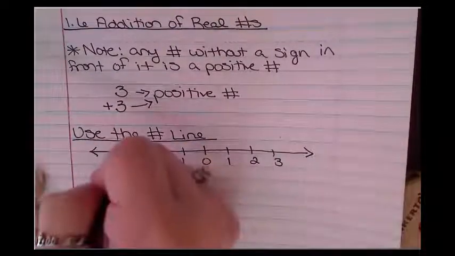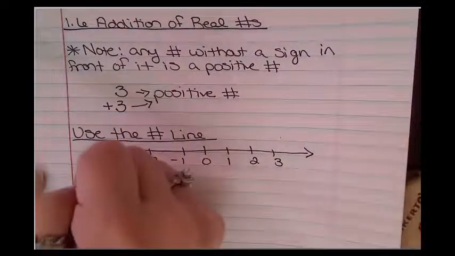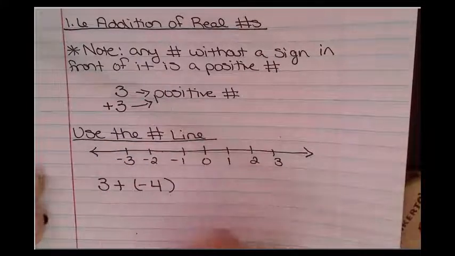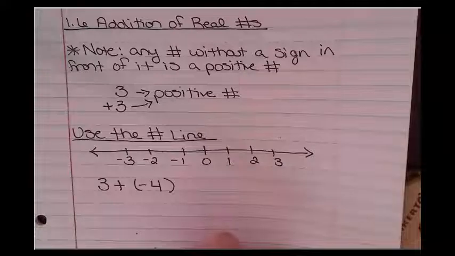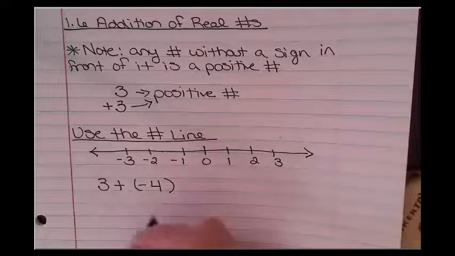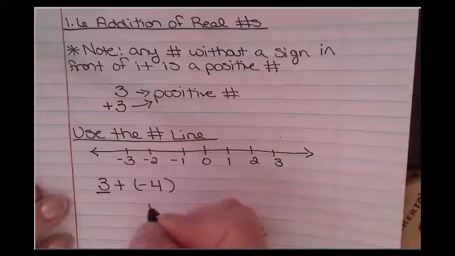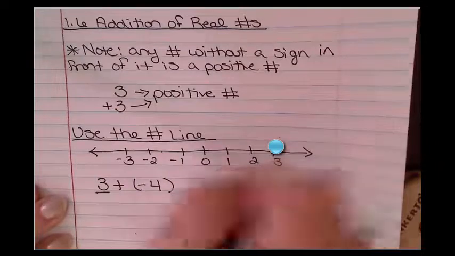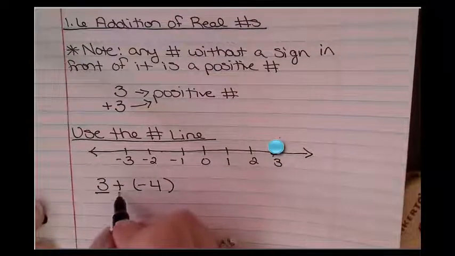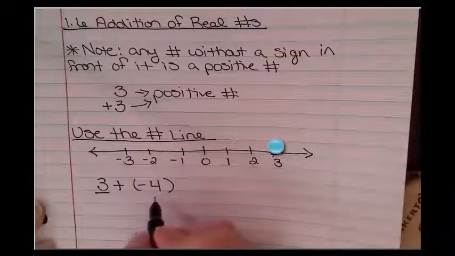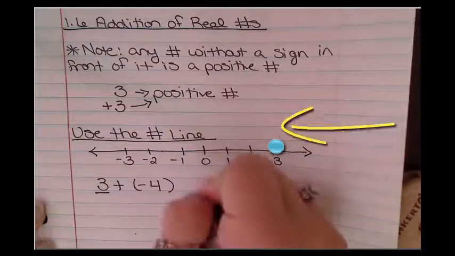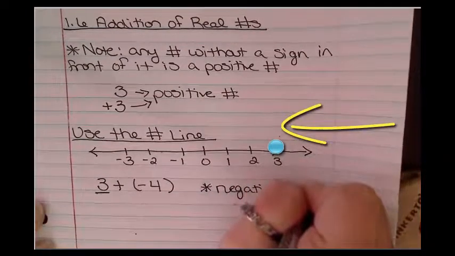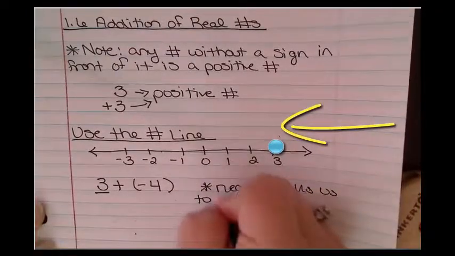There's our number line, and our example says that we need to take 3 plus a negative 4. When you're using the number line, we look at our first number. Our first number is a positive 3. So we draw a circle at our positive 3. And then it says we're going to add negative 4. Negative tells us to go left.